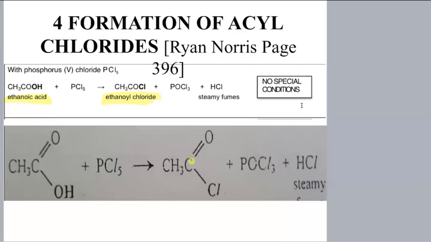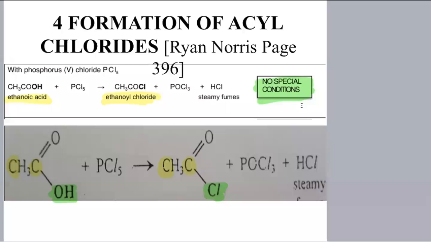So if you want to produce an acyl chloride with 2 carbon, you have to start with a carboxylic acid with 2 carbon as well. What happens is you are replacing the OH with chlorine. Easy. This is an example when we use phosphorus chloride, PCl5. For PCl5, no special condition is needed. You just have to add PCl5, let it react at room temperature.